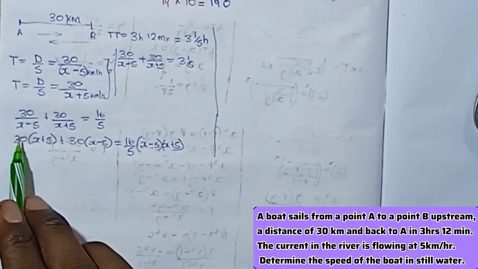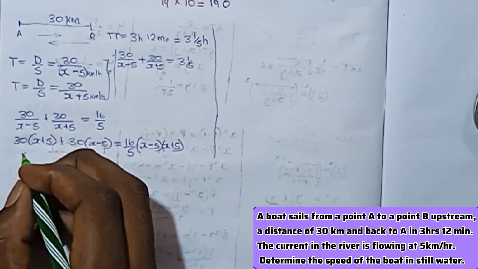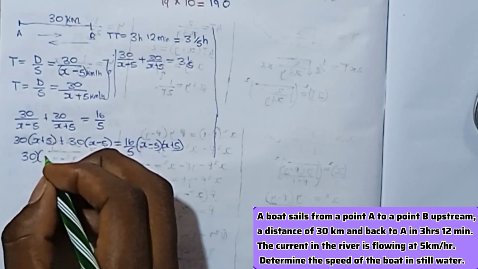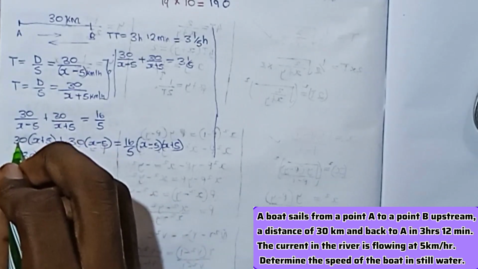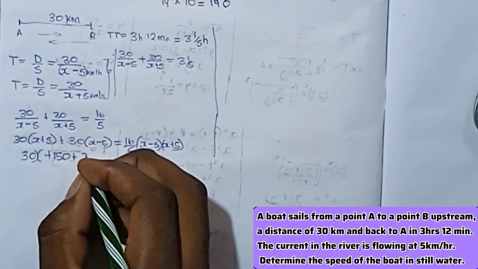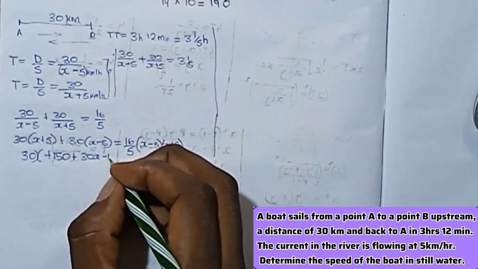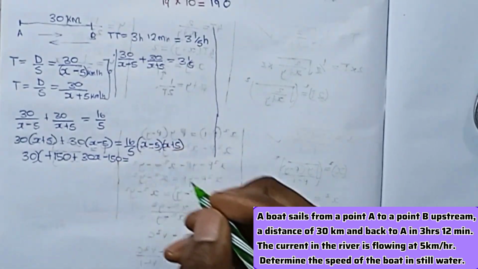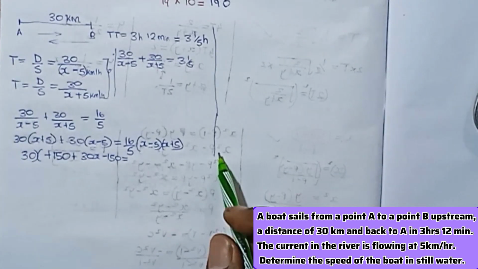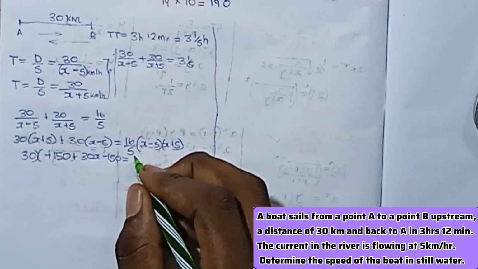When we multiply this, we have 30x plus 150 plus 30x minus 150 equals 16 over 5 into x square minus 5.